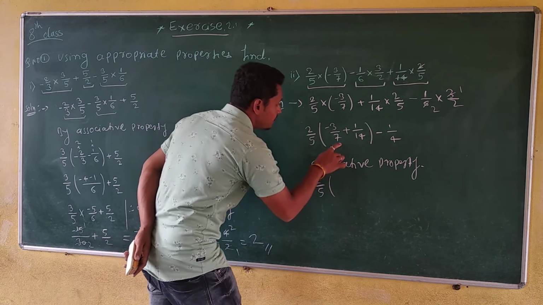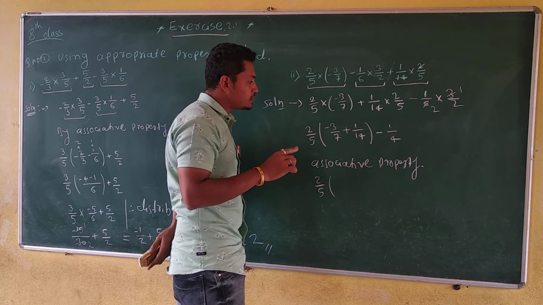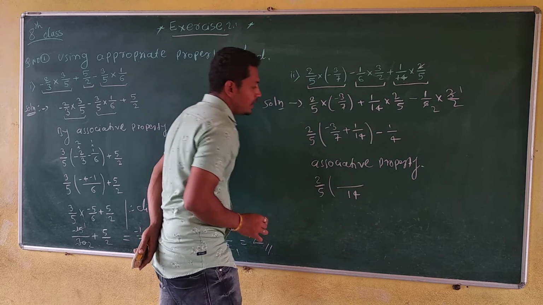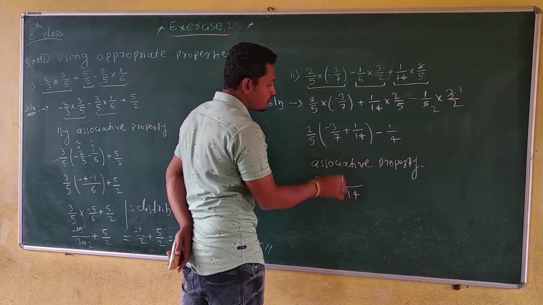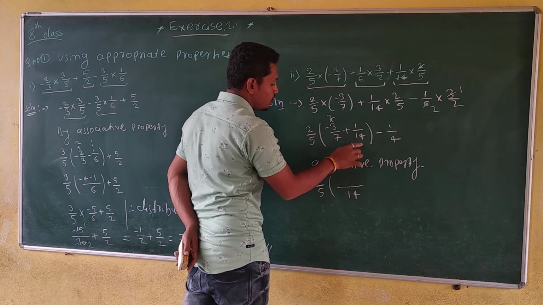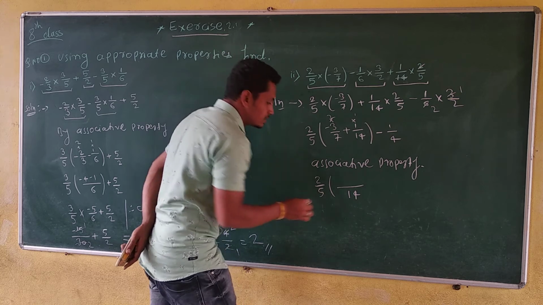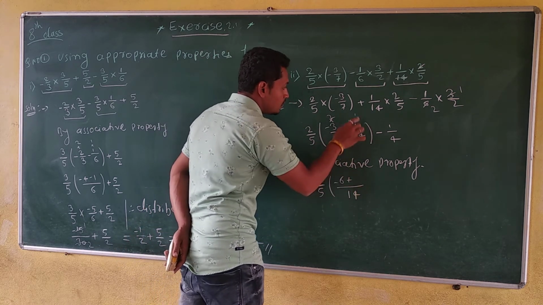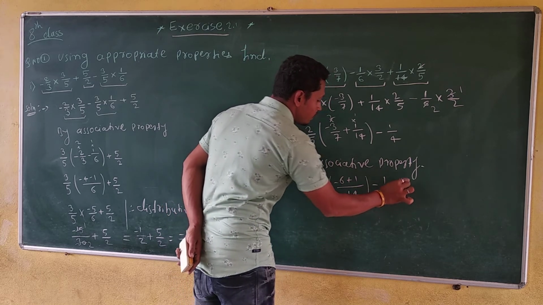So simplify 7 and 14. The LCM of 7 and 14 is 14. Next, 7 twos are 14. So into 2 and 14 ones are 14. So into 1. So 3 twos are 6. Here minus 6. Plus 1 ones are 1. Bracket complete, minus 1 divided by 4.